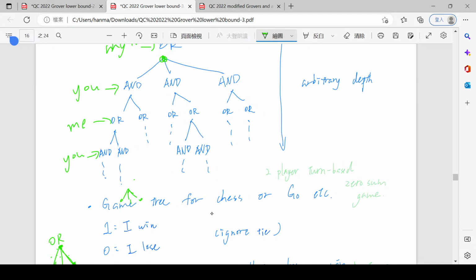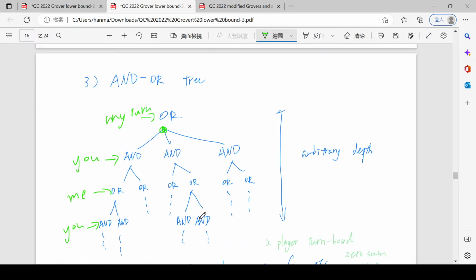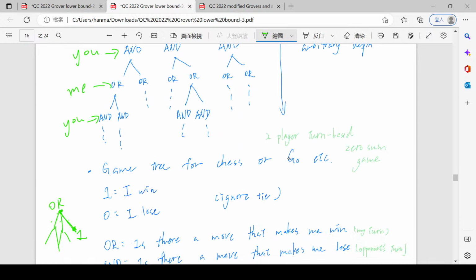But ignoring this, on a high level, any two-player turn-based game can be written as this AND-OR tree. So it is very general and useful. To describe those kinds of games in more detail, they are called two-player, turn-based, and also zero-sum games.